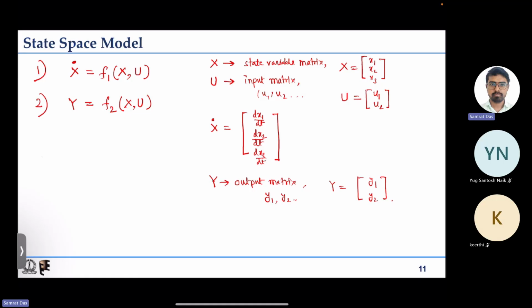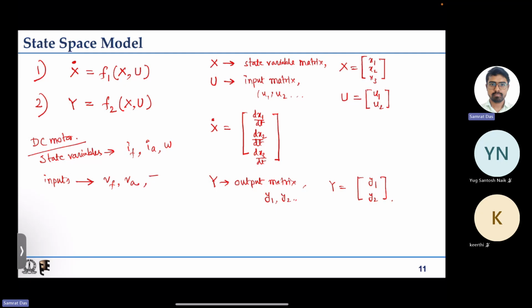Let us consider the state variables. What are the state variables in our DC motor? We have the IF, we have the IA, and we have the speed. These are the three state variables for our DC motor. What are the inputs? We'll consider only field voltage and armature voltage as the inputs.